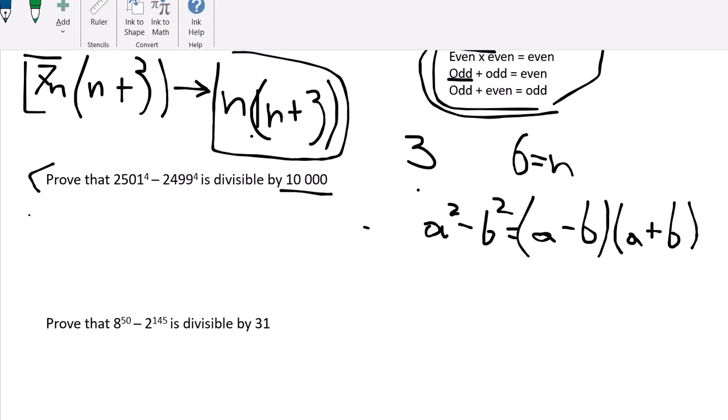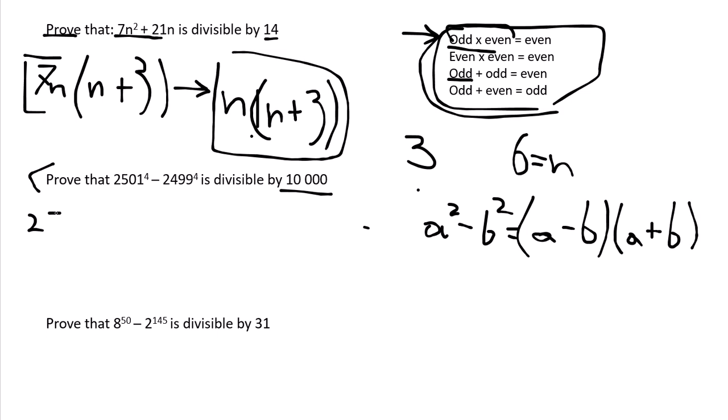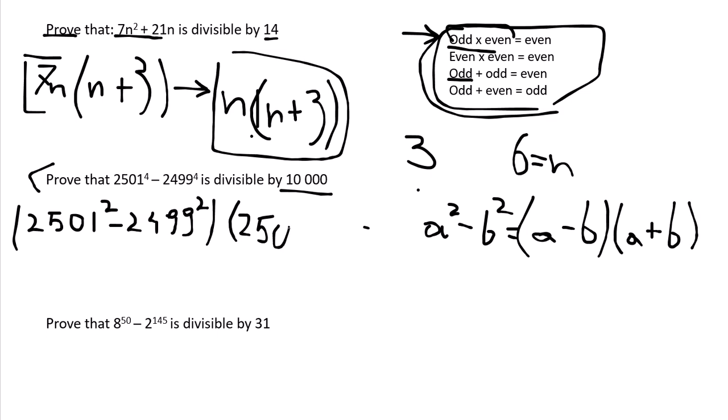You notice that you get something like 2501 squared minus 2499 squared in brackets, times 2501 squared plus 2499 squared.